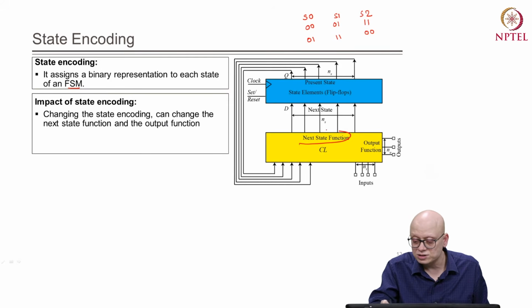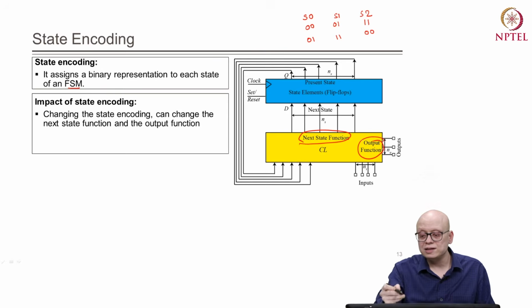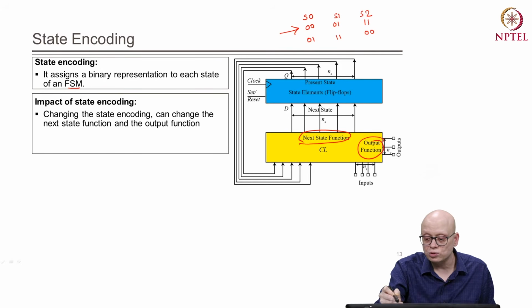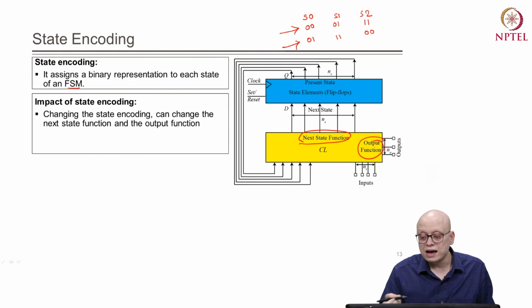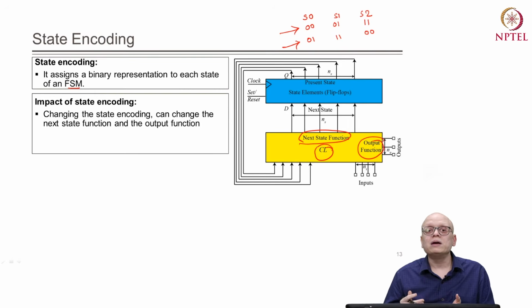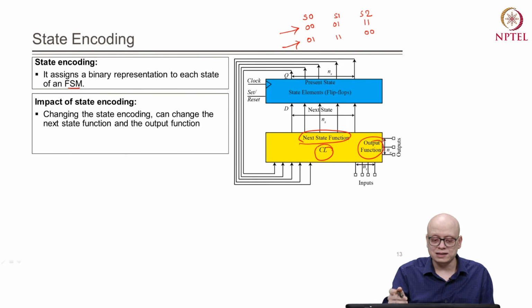For example, this encoding and this encoding are different, and for these two different encodings this function CL will be different, and one of them will actually give us a more compact combinational logic CL compared to the other.